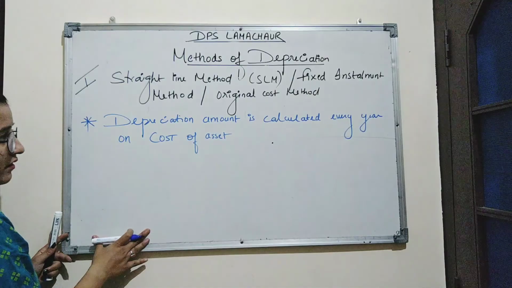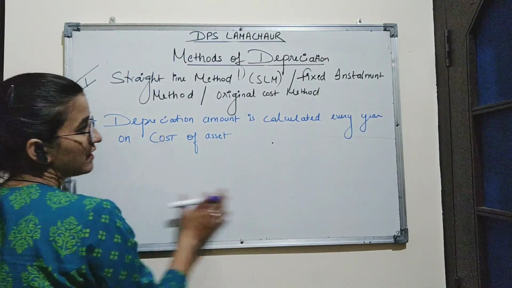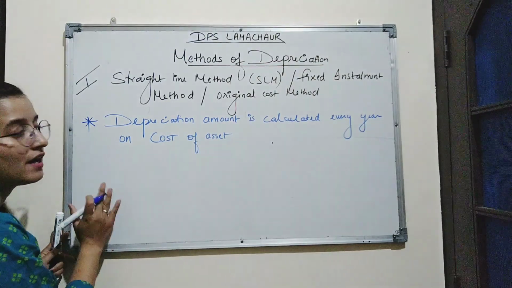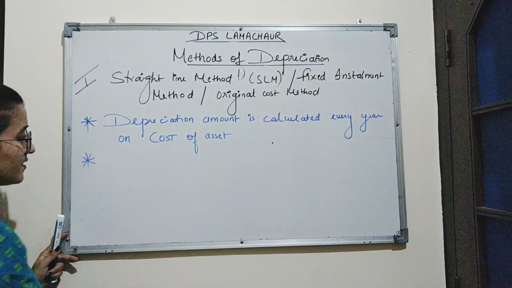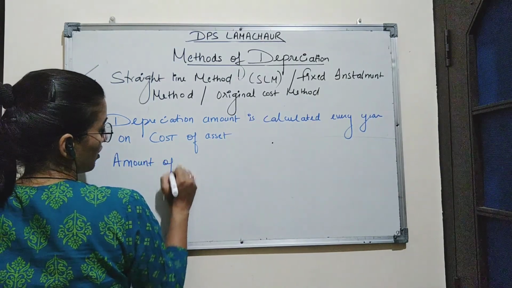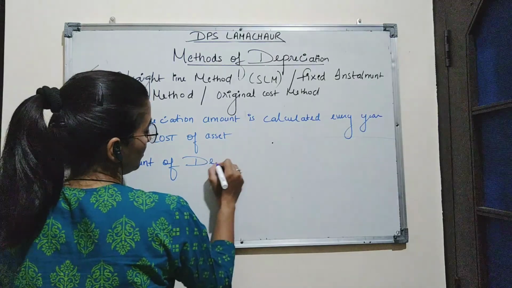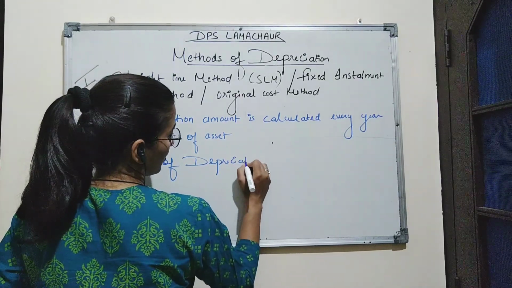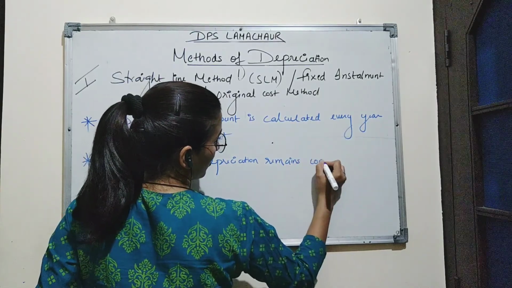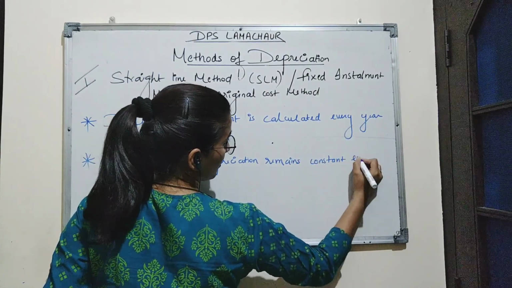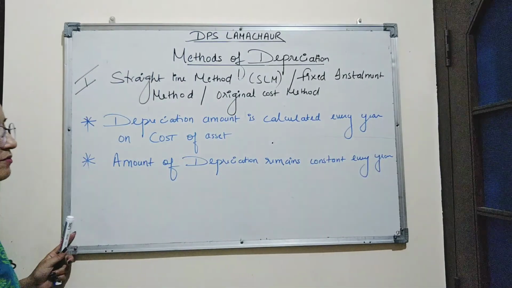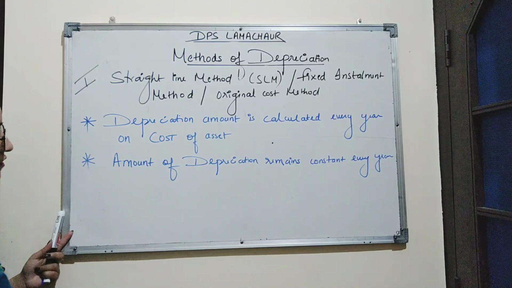In original cost method, the depreciation amount is always calculated at the cost of asset, and it is calculated every year. Second point is amount of depreciation remains constant every year. So in original cost method, the depreciation amount remains constant every year.